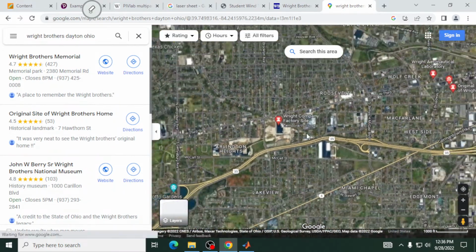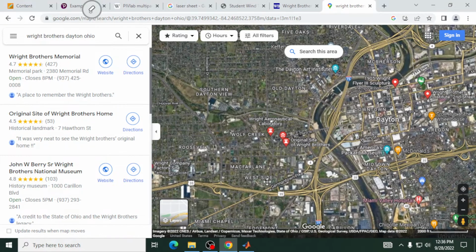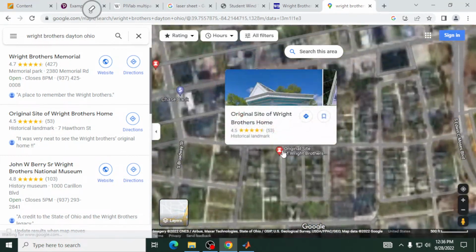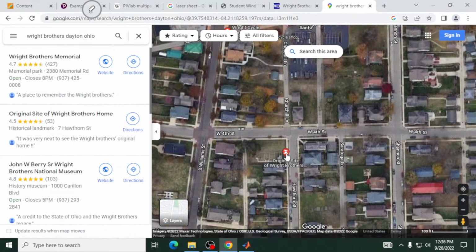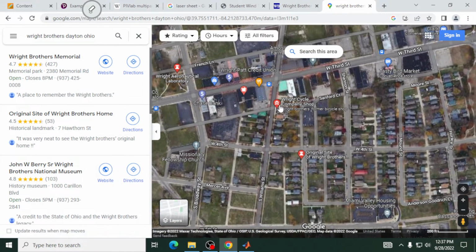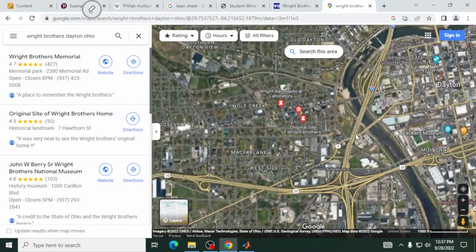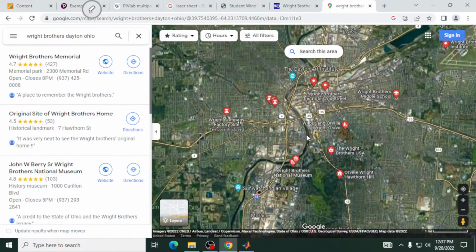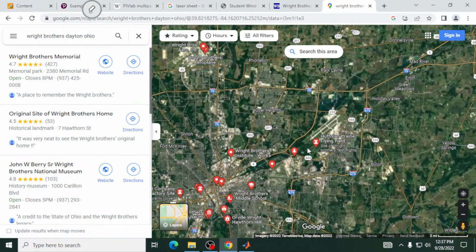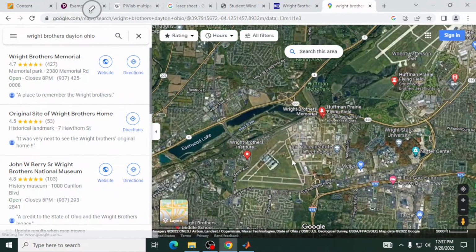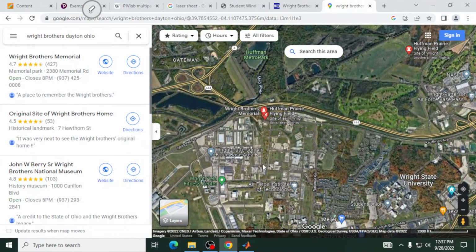There was one downtown. So there was the cycle shop. Okay, that's the cycle shop that they originally had. And of course, I used to work here. That's where I used to work.